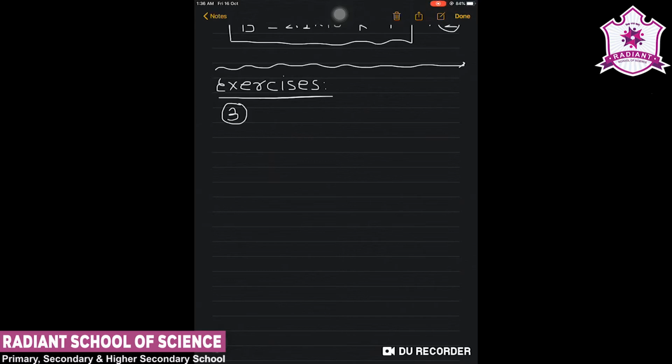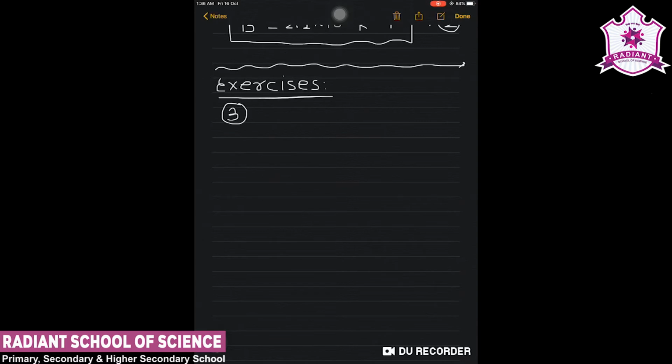The question is, what physical quantity is the same for X-rays of wavelength 10 raised to minus 10 meter, red light of wavelength 6800 angstrom, and radio waves of wavelength 500 meter.